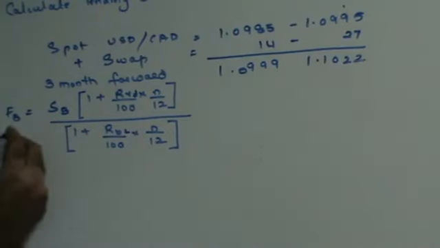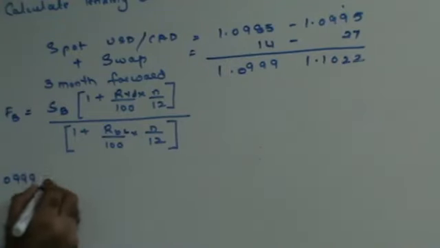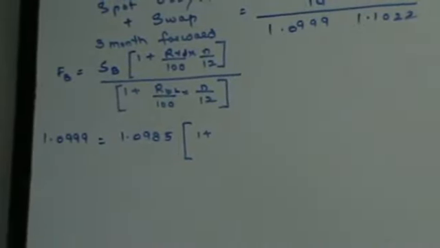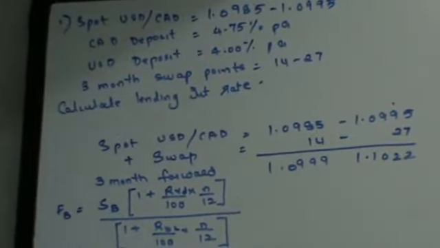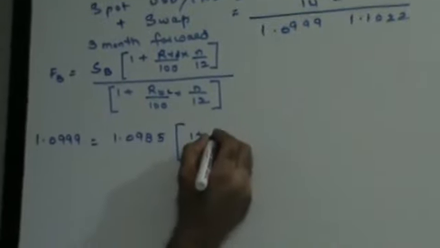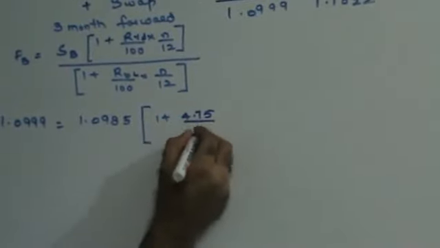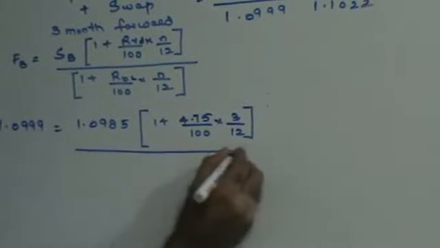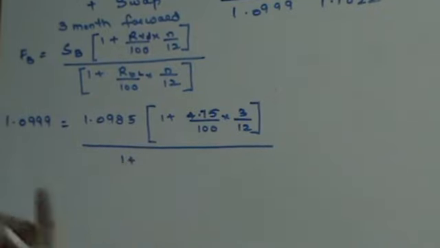So in this case, forward bid is 1.0999, spot bid 1.0985, 1 plus deposit rate of variable currency. Canadian dollar is my variable currency. The deposit rate of Canadian dollar is 4.75 upon 100, into 3 by 12 since this is 3 months forward, upon 1 plus base currency is US dollar and I need lending rate.